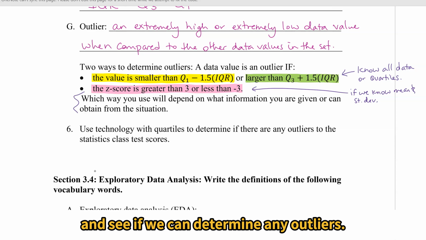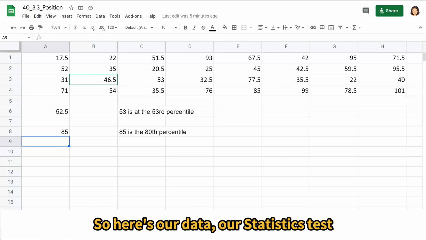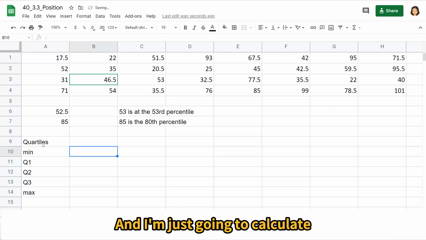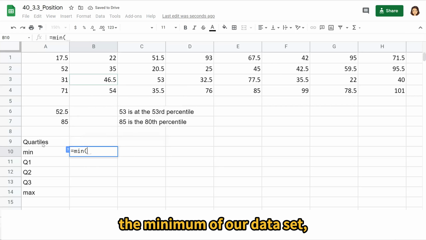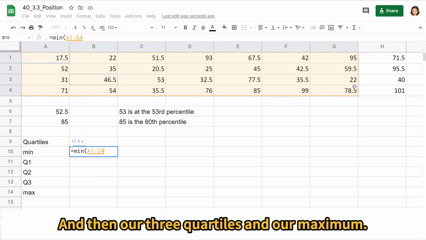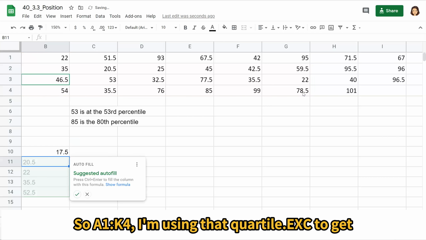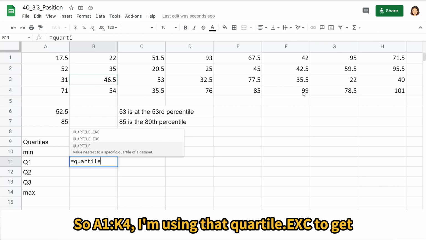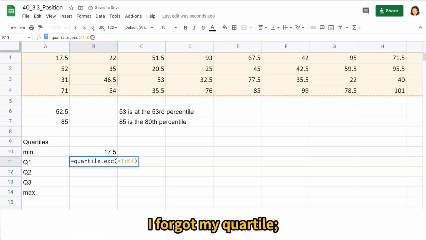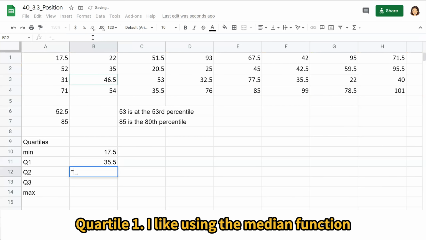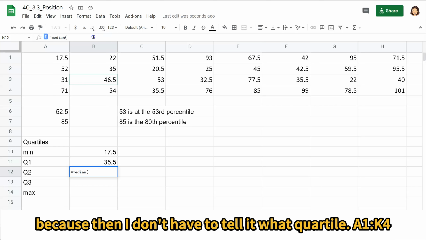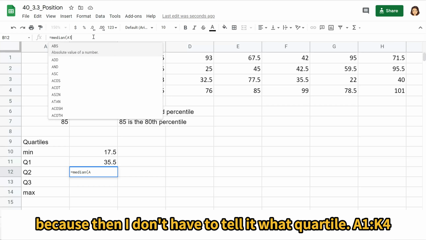determine any outliers. So here's our data, our statistics test data, and I'm just going to calculate the minimum of our data set and then our 3 quartiles and our maximum. So A1 to K4. I'm using quartile.exe to get, oh, I forgot my quartile, quartile 1. I like using the median function because then I don't have to tell it what quartile.